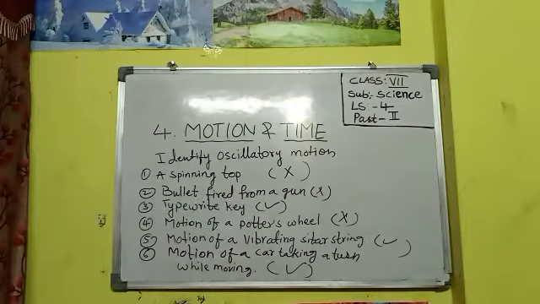In this table, they have given pairs of objects in motion. So which object is slow in motion and which is fast in motion? That I am writing onto the board. How to copy, children?